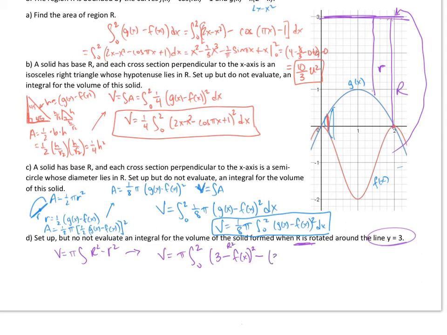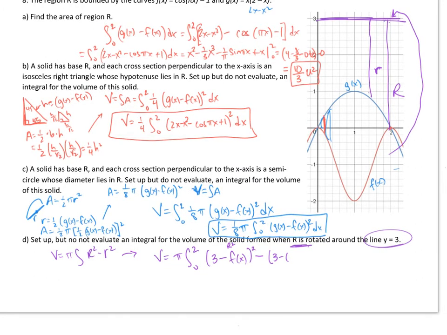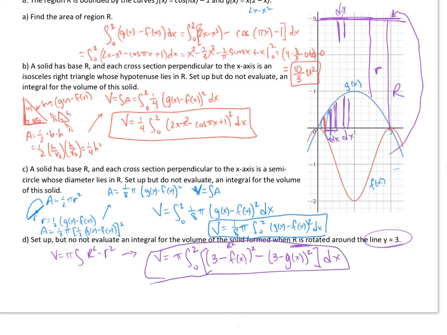Little r squared is going to be 3 minus g of x squared, and we'll put this in brackets and we're going to say dx. So that is our volume. Now again, our slices are perpendicular to the x-axis, that's why we chose dx, because these were perpendicular to the axis of rotation. I should say right here, dx. So that's why we chose our dx. So this is our volume for part D.